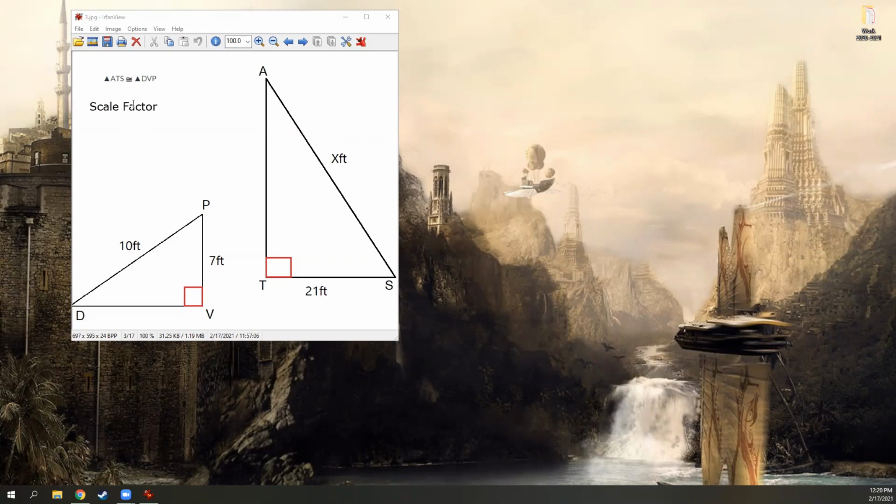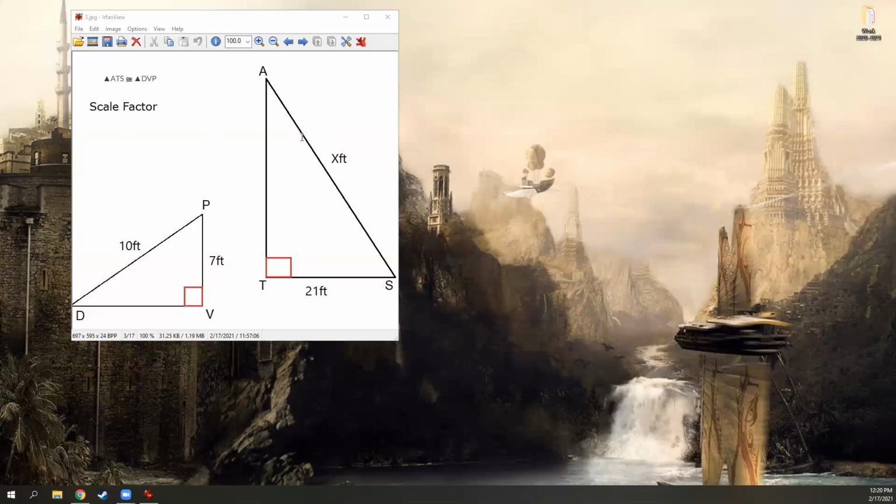So a scale factor is, this is so much larger or so much smaller than this other thing. When we are looking at similar triangles, I said that they're the same triangle, different sizes. Well, that's the case here. These two triangles are the same triangle, but different sizes. And their sizes can be set up as a ratio or a scale factor.